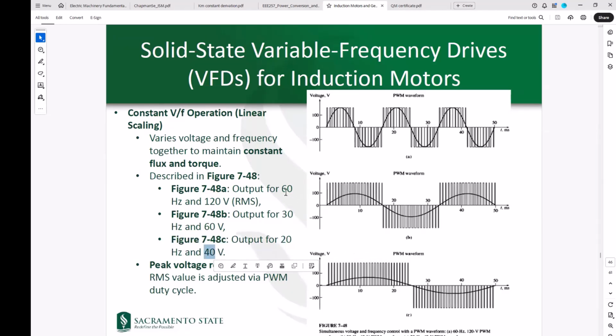You can see that volt over frequency is 2 here, 2 here, and 2 here. So V over F has remained constant. Also consider that the peak voltage is remaining the same, from 0 to the positive value, or 0 to minus on the negative side. But you can see that the width of the pulses is controlling what we call the V over F constant value.